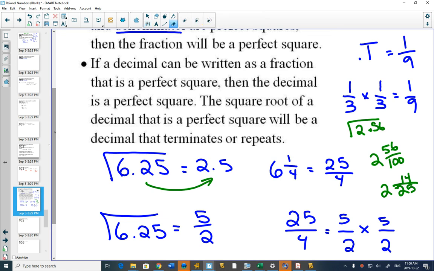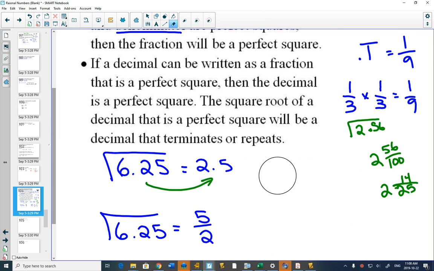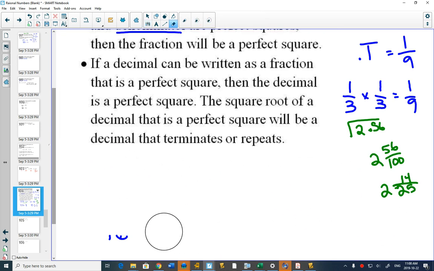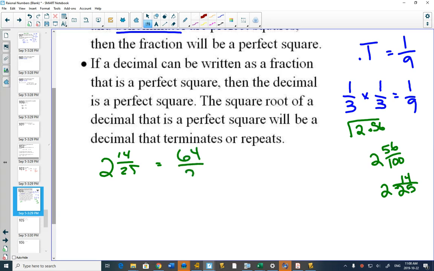Okay, I'm going to erase this one. Oh, this is fun. Sorry, you can just watch me do math because I'm having too much fun. So if I have 2 and 14 over 25, can you see that as an improper fraction, 2 times 25 is 50 plus 14, 64 over 25. 64 over 25, can you write it as something times something?